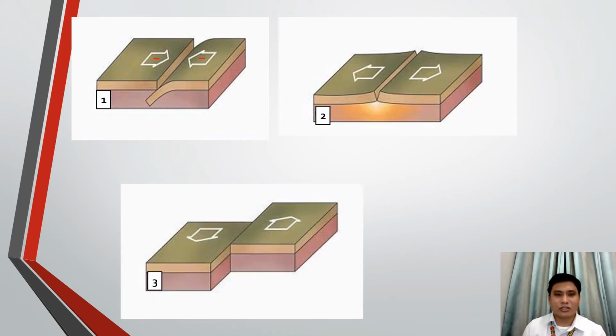And for the last one, figure number 3, the two plates are neither colliding or moving towards each other, nor moving away from each other. They move in such a way that they only slide past each other.